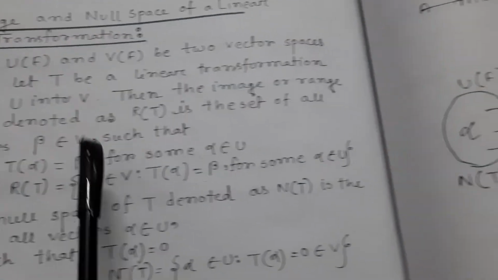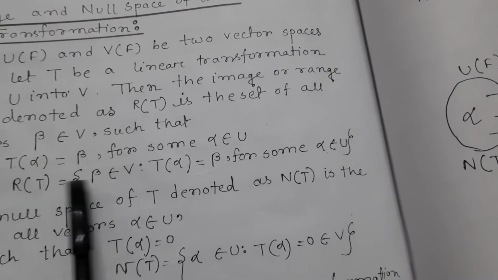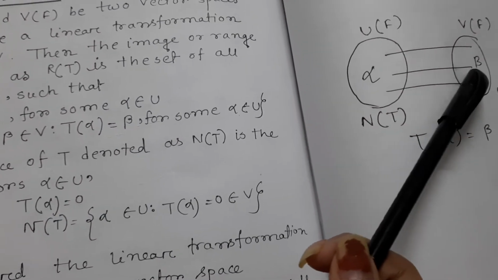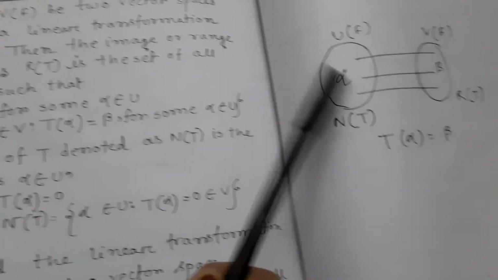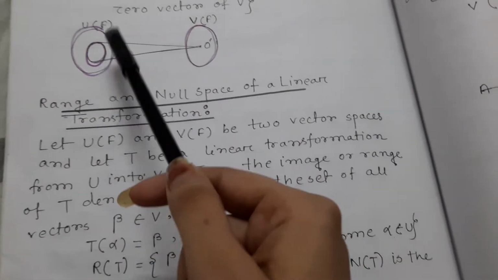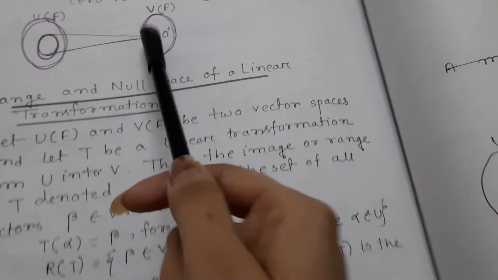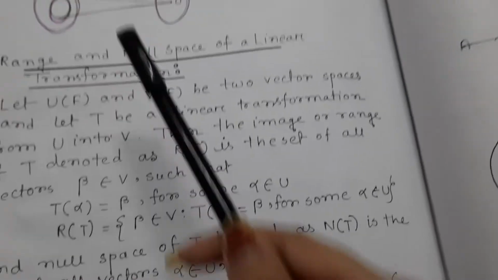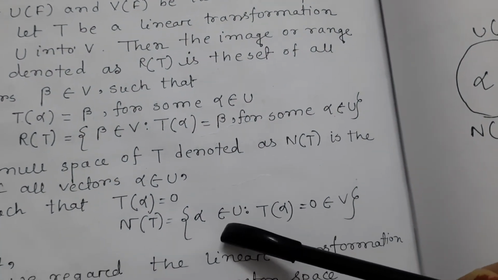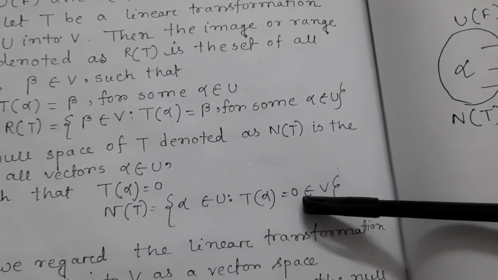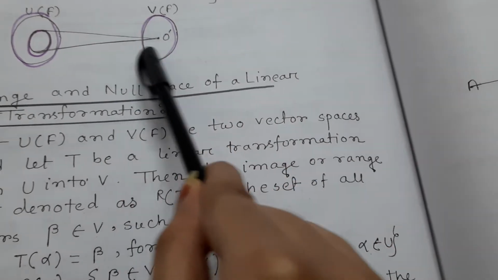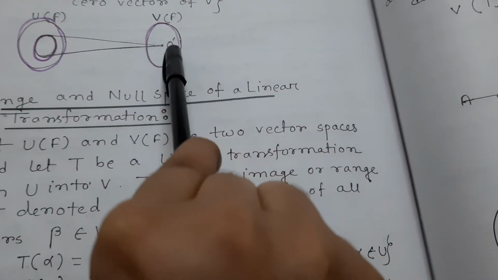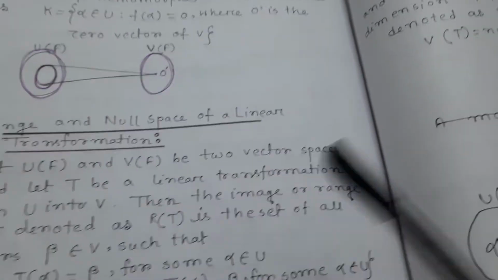So T of alpha is equal to beta for the range set, where beta belongs to V. And T of alpha is equal to 0 for the null space: all elements alpha belonging to U map to 0, and this 0 belongs to V. It is the zero vector of V.